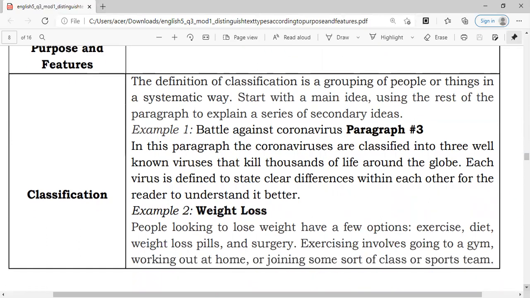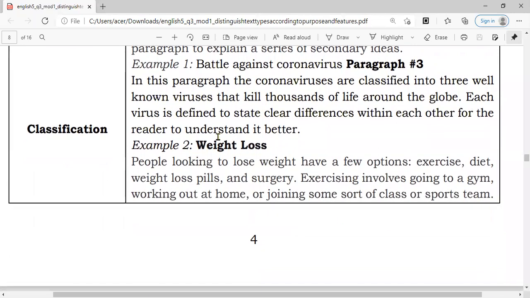There you go. And then example 2, weight loss. People looking to lose weight have a few options: exercise, diet, weight loss pills, surgery. Exercising involves going to a gym, working out at home, or joining some sort of class or sports team. So it's classification.